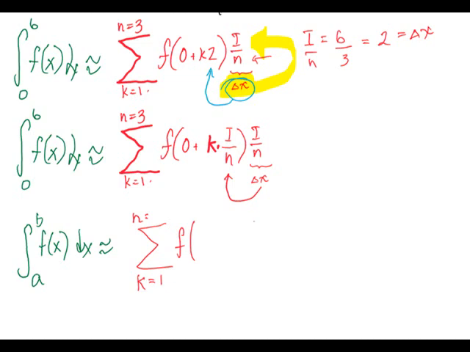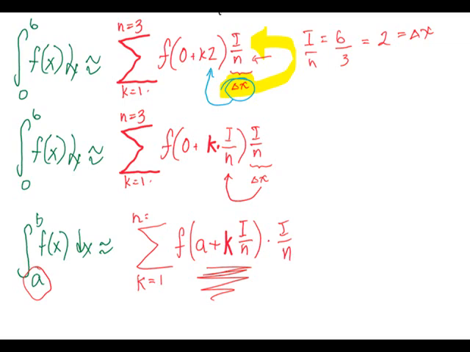We're going to evaluate f. We're going to evaluate it over and over using different values of x. And how are we going to find those values of x? Well, we're going to take the lower limit of integration, and then we're going to add over and over the interval width. We oftentimes refer to it as delta x, but in this case, we're going to refer to it as l over n, and then that's going to be times delta x, l over n.